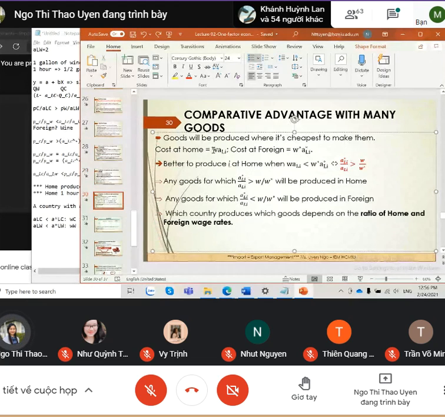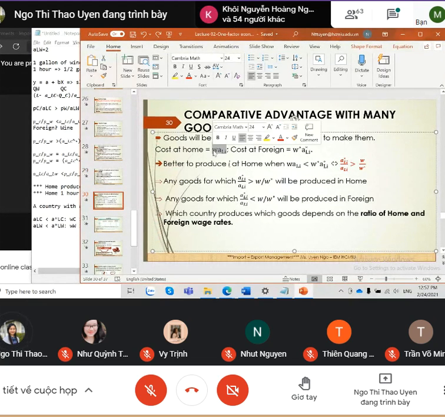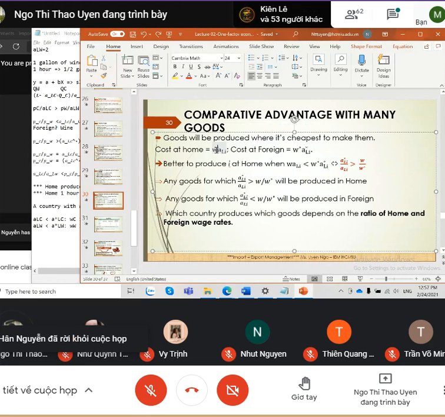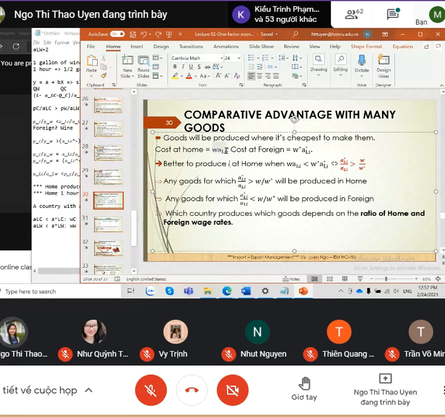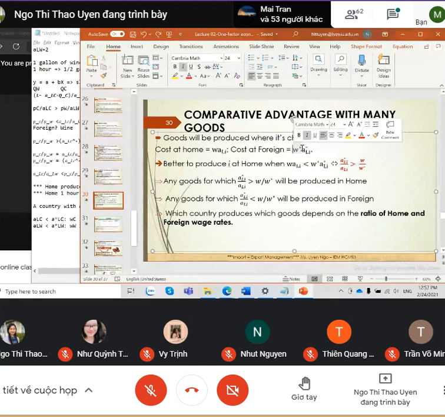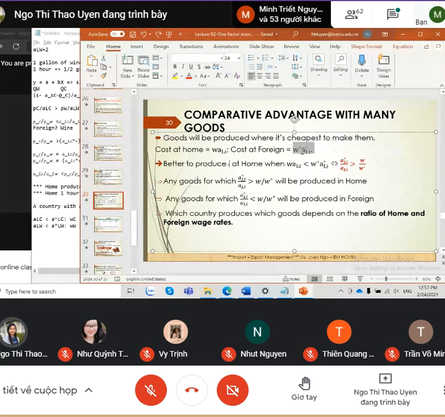So the cost of producing product i at home is the wage multiplied by the number of hours to produce it, and in foreign it is the wage of foreign multiplied by the unit labor requirement of foreign.